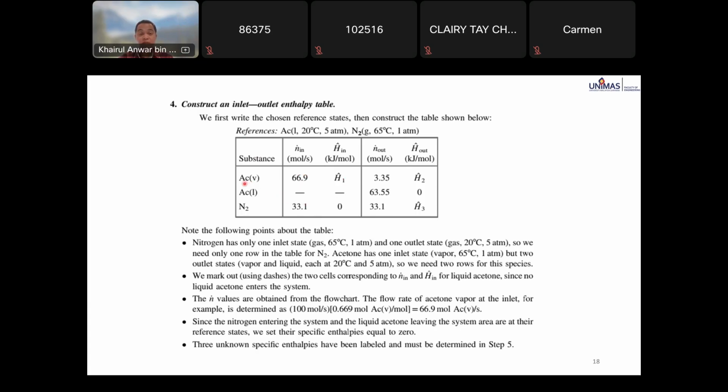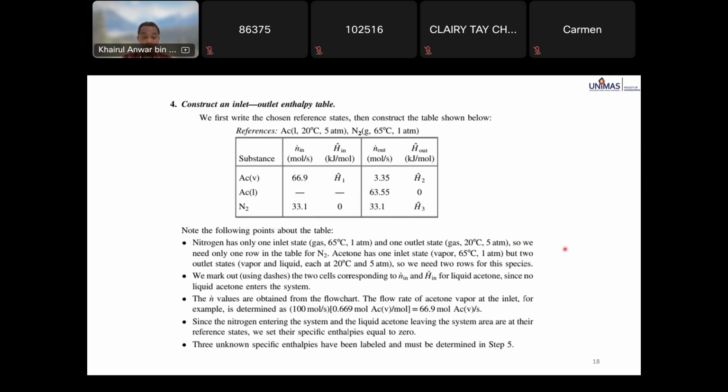Since the substances are acetone vapor, acetone liquid, then nitrogen, there is no acetone liquid in the feed. That's why they put a dash here. The n values are obtained from the flow chart. The flow rate of acetone vapor at the inlet, for example, you just multiply 100 mole per second with 0.669 mole acetone vapor per mole. Then you get 66.9 mole acetone vapor per second, which is this value.